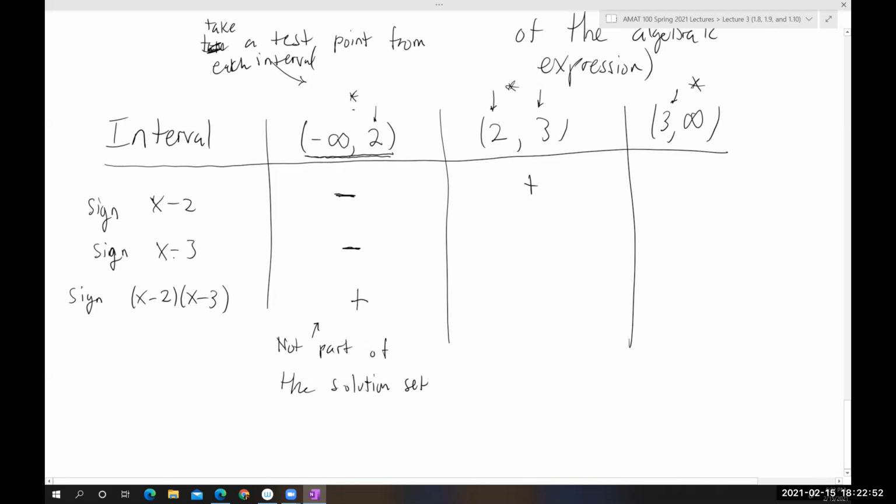When you plug 2.5 into x minus 3, you will get negative 0.5, so that's negative. And when you take the product of those numbers, you'll get something that's negative. That's exactly what we want. So this will be part of the solution set.